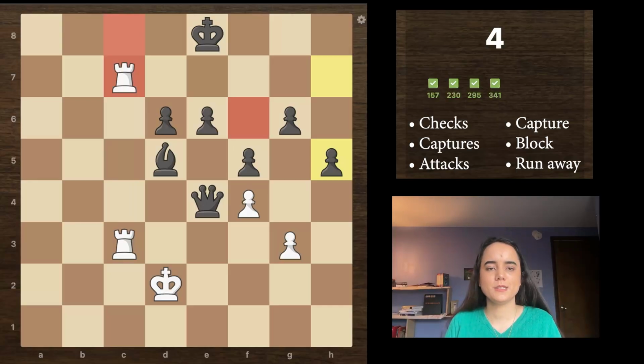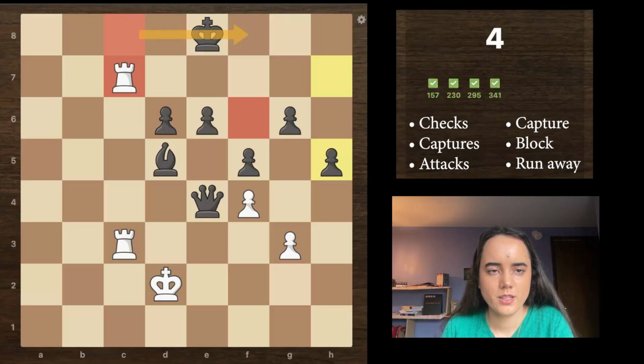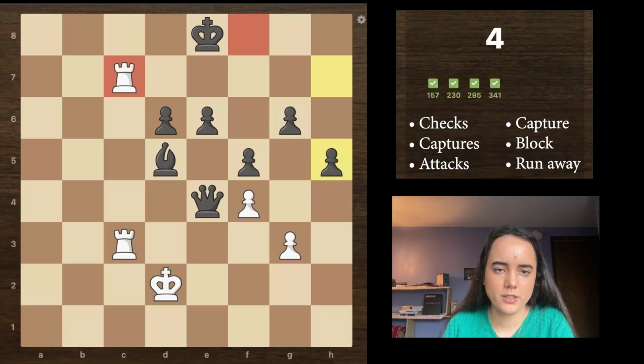What should our next move be? Let's look again for checks. Well, we have this check here. Let's look at that. Okay, so let's think this through. Rook here, king here. So this rook covers all these squares.